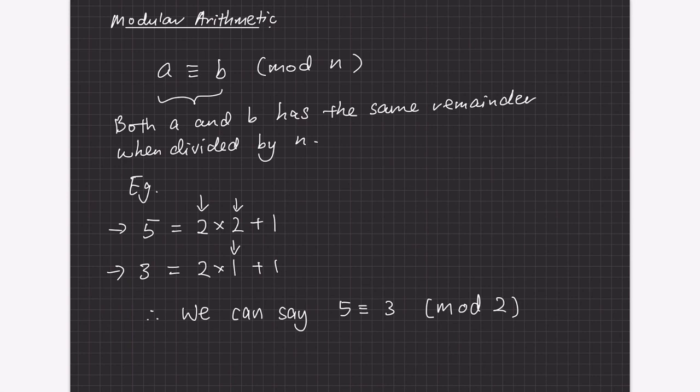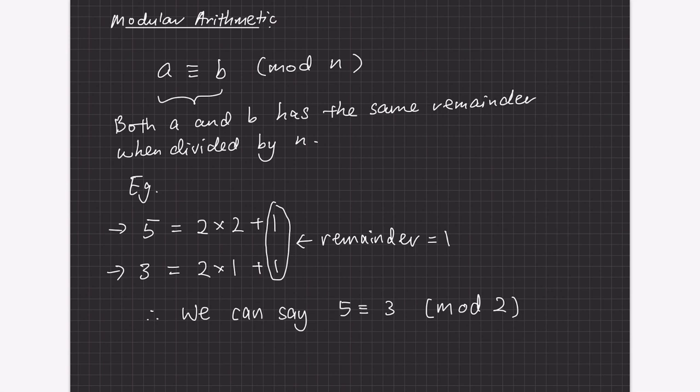But more importantly, both of them give me the same remainder 1. So there is the same remainder of 1 when I divide both 5 and 3 by 2.